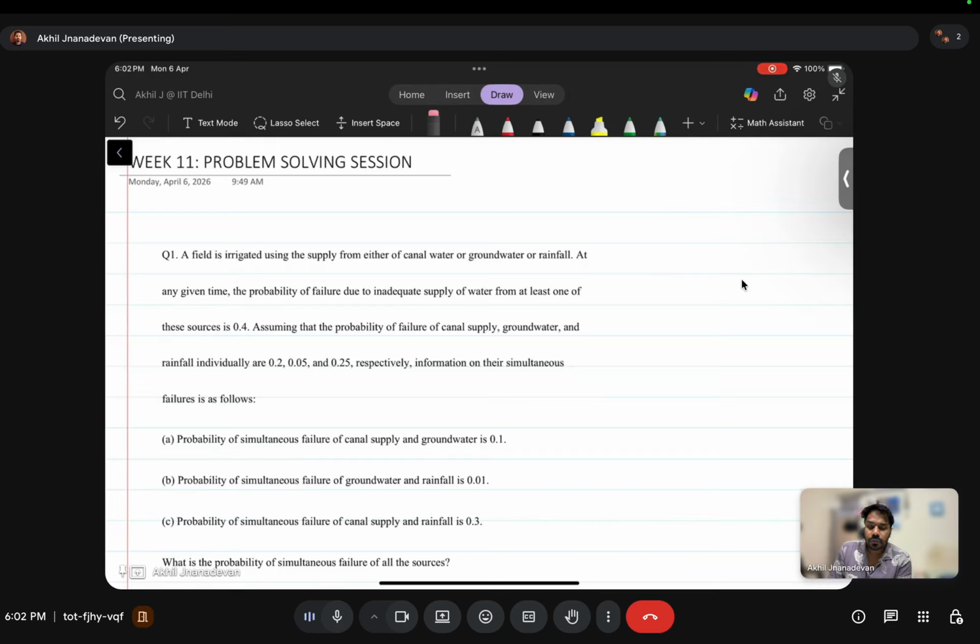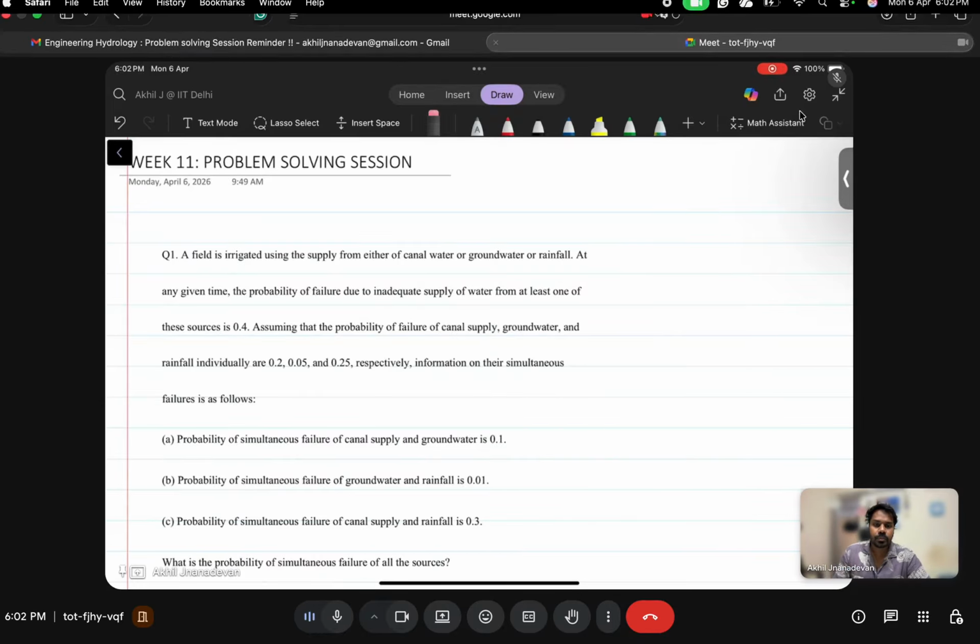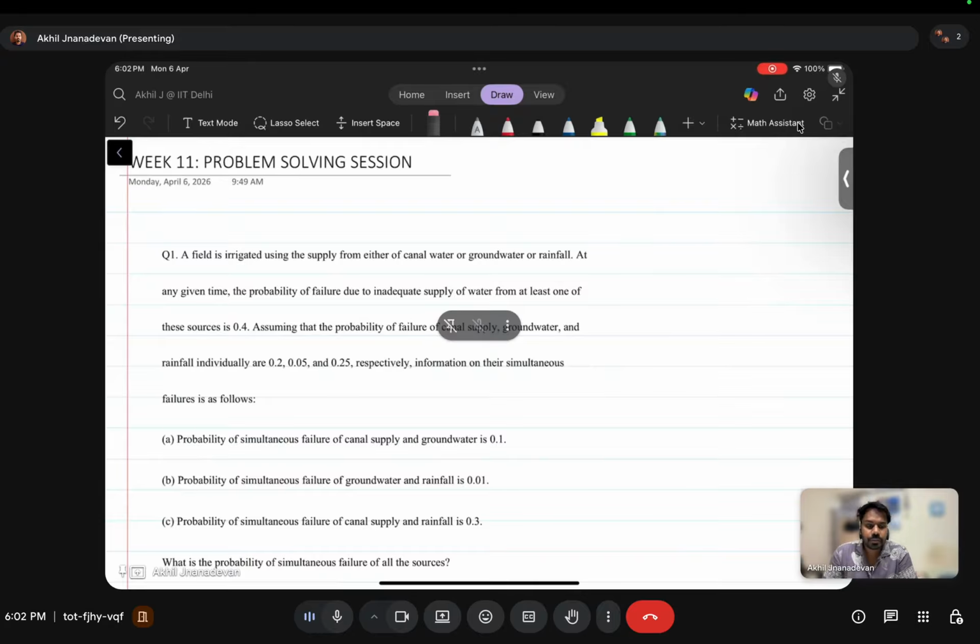Then we saw how we can model each of these processes. We started with precipitation, the atmospheric water. Then we moved on to the evapotranspiration. Then we tried to model the infiltration. Then finally we were trying to model the flow routings.